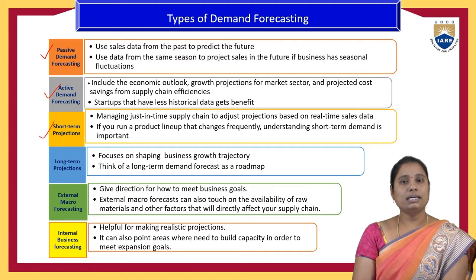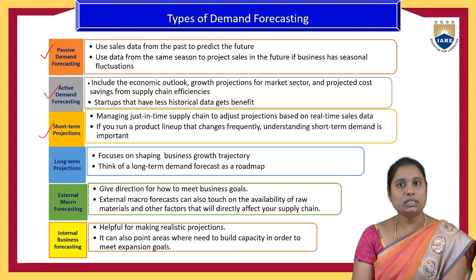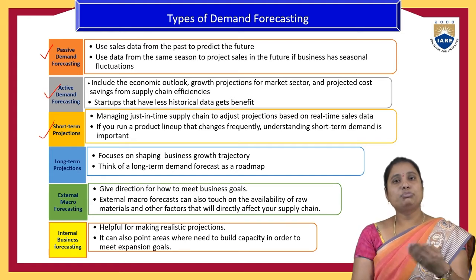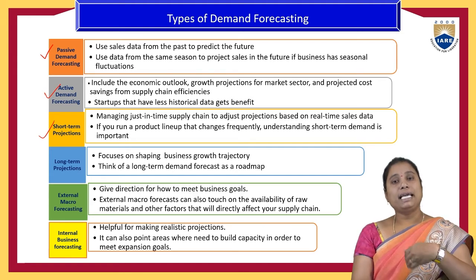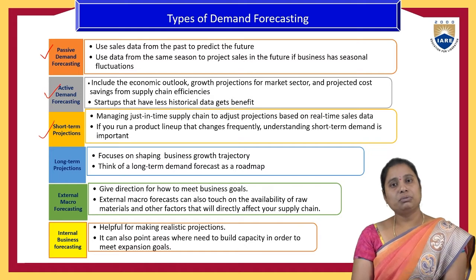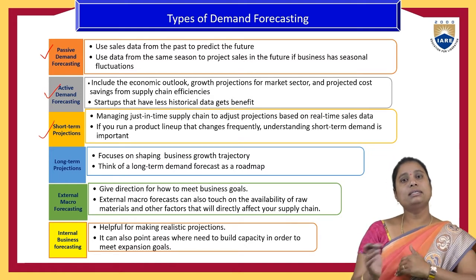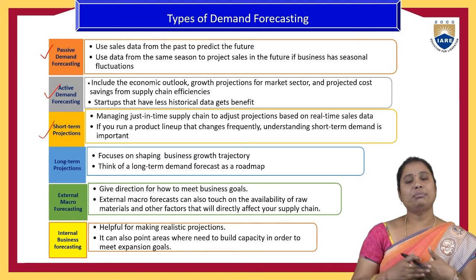For example, if any business has a product lineup that changes frequently, it needs to understand the short-term demands, which are based on the tastes and preferences of the customers, as in the textile business, where the demand changes from time to time.